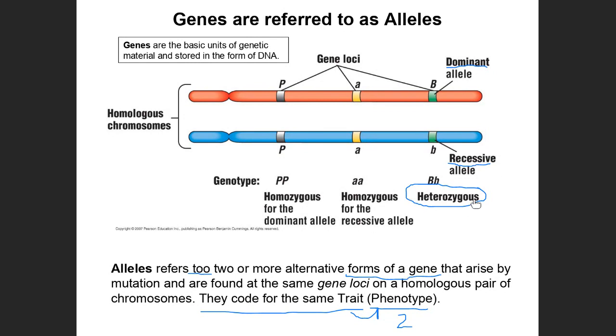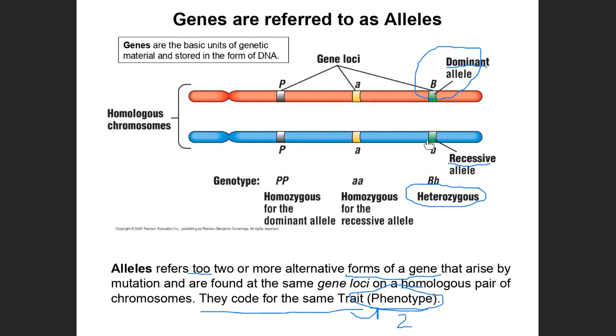In individuals that are heterozygous, on a homologous pair of chromosomes they've inherited a dominant allele represented by an uppercase letter and a recessive allele represented by a lowercase letter. But as far as their phenotype goes, it's the dominant allele that will determine their phenotype. Both alleles code for the same trait.